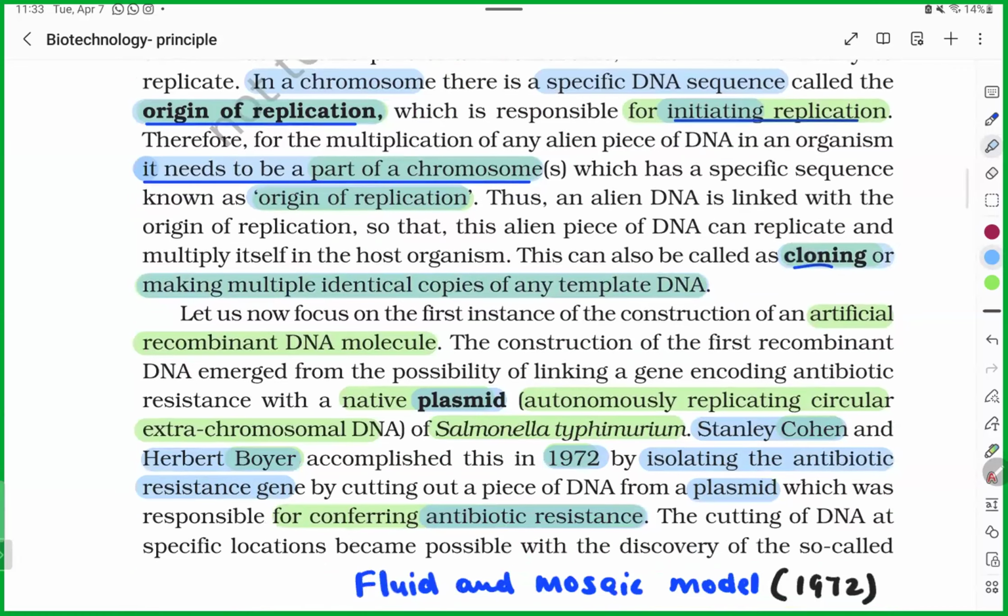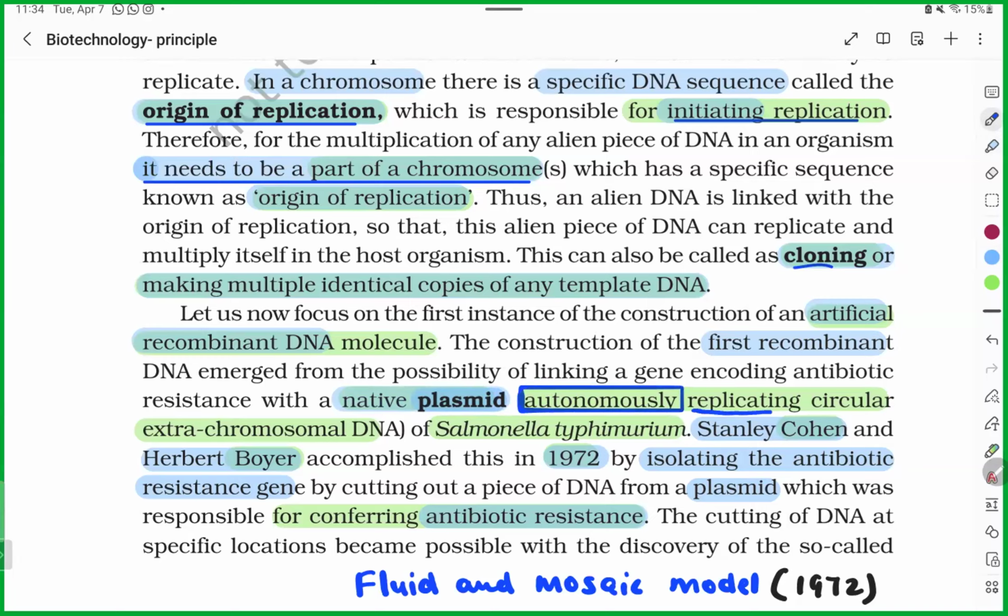How can we make a recombinant DNA artificially? The first recombinant DNA came with the antibiotic resistance gene, where we attach our DNA with the native plasmid. This is the definition of plasmid. A plasmid works autonomously, meaning it is not dependent on the main DNA.